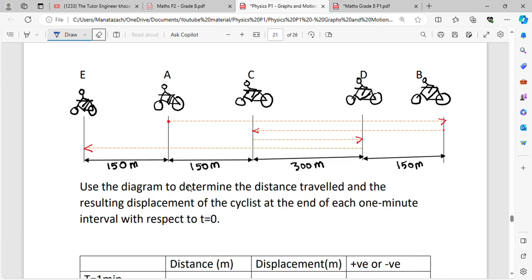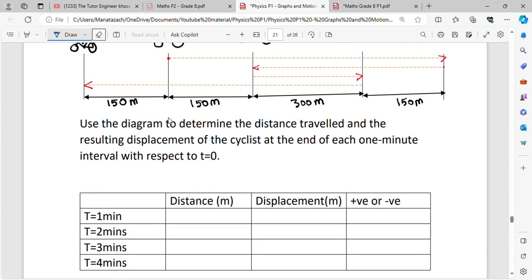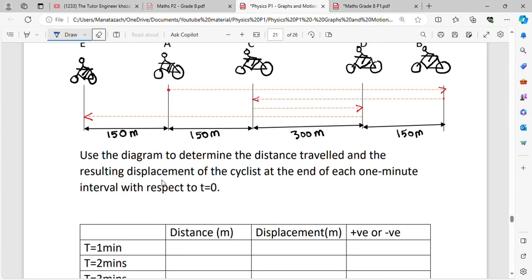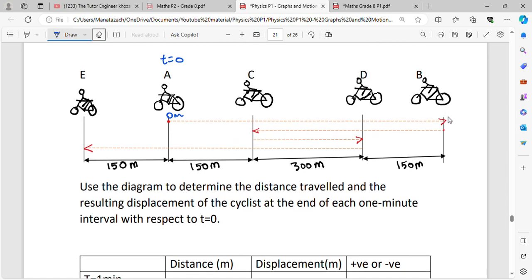So we'll choose time equal to 0 at the starting point here at A, and also the displacement and the distance will be 0 here at A, so point A is going to be our starting point. So let's start with the first minute. The cyclist will be traveling from point A, which is at 0 meters, all the way to point B. What is the distance between point A and B?